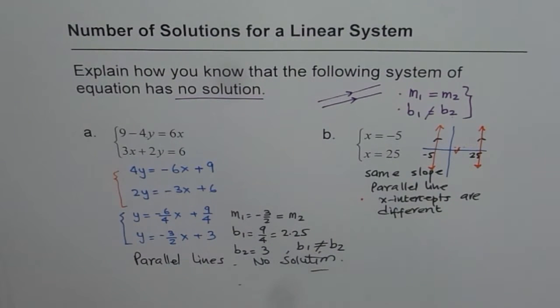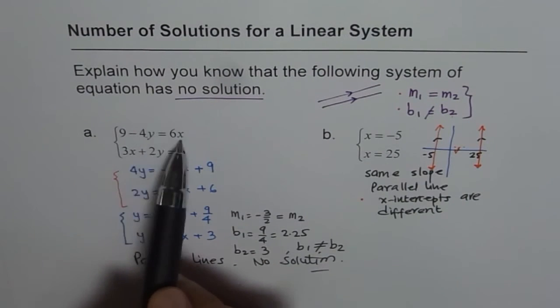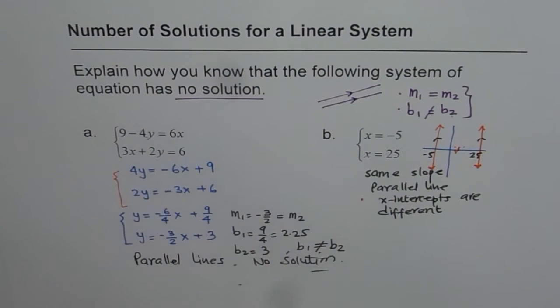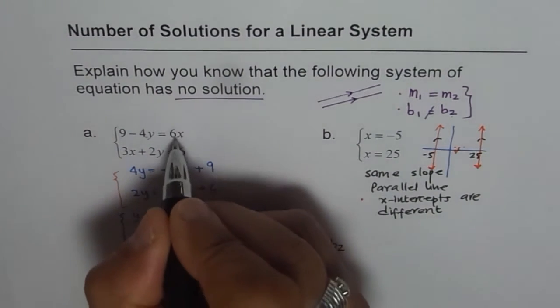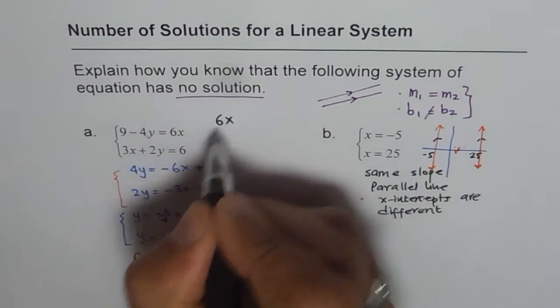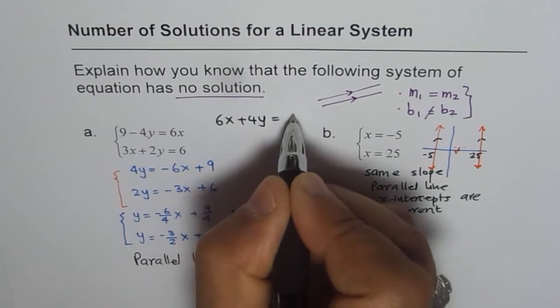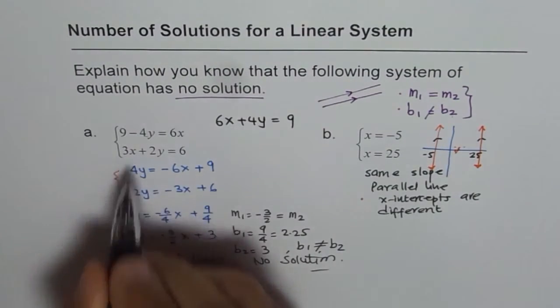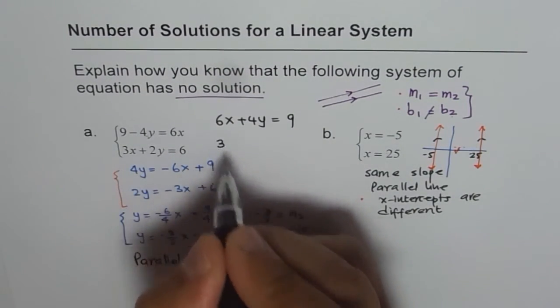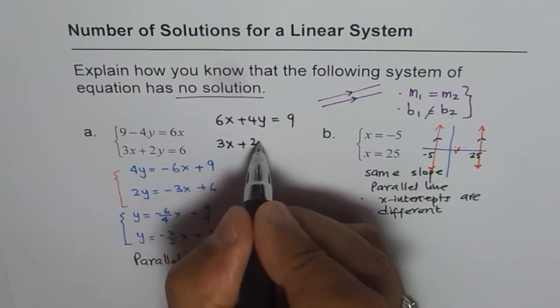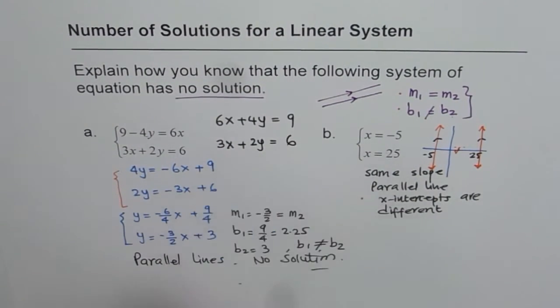The other way is kind of tricky but interesting, and that is to write these lines in standard form. So we can write the first as 6x plus 4y equals 9. The second one is already given in ax plus by equals c form, which is 3x plus 2y equals 6.